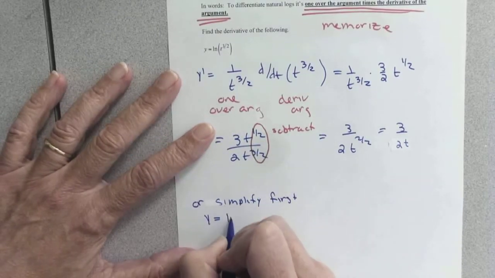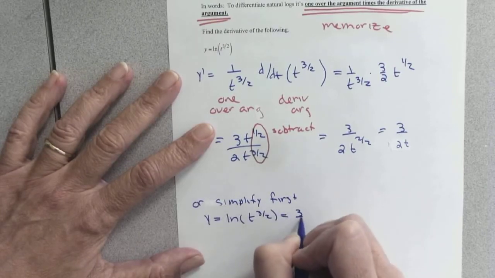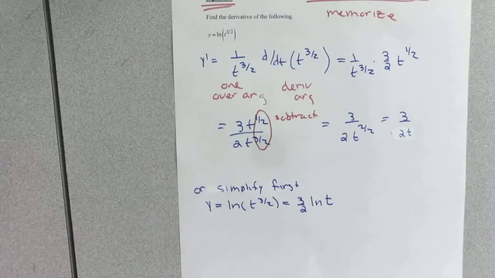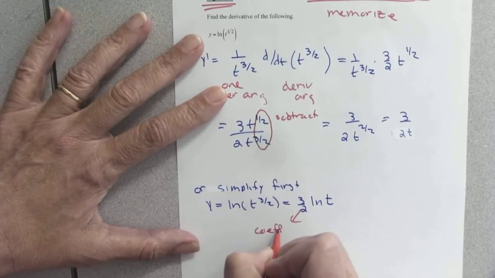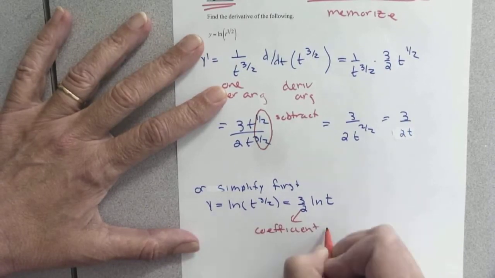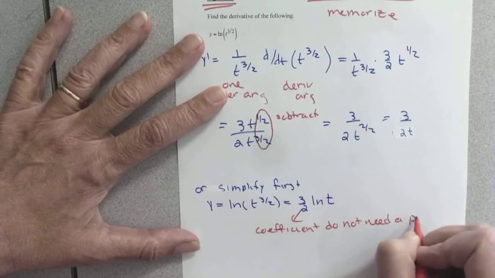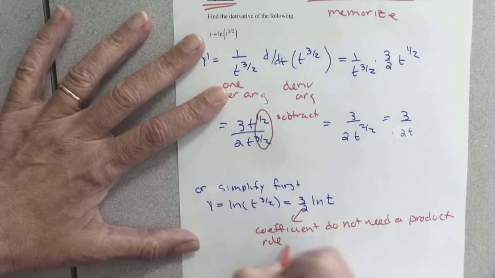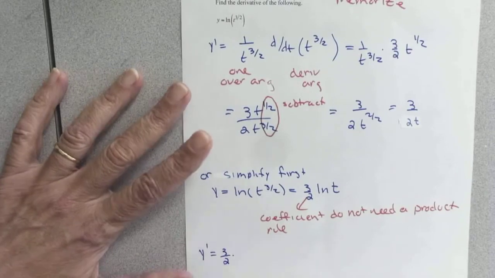But notice if we simplified first, simplifying first, that exponent can come down in front and be a coefficient, and now it's just a coefficient. I do not need a product rule. Coefficients we just write down.